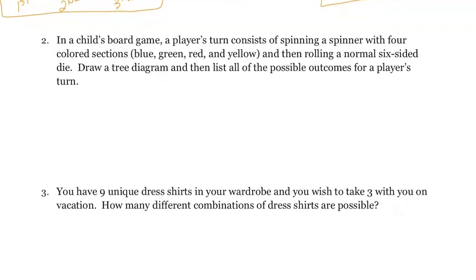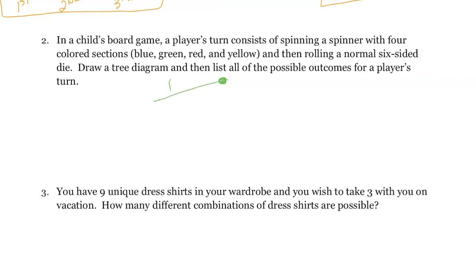In a child's board game, a player's turn consists of spinning a spinner with 4 color sections, blue, green, red, and yellow, and then rolling a normal 6-sided die. Draw a tree diagram and then list all the possible outcomes for a player's turn. Okay, so what you would do is you would start from the top, a central point.